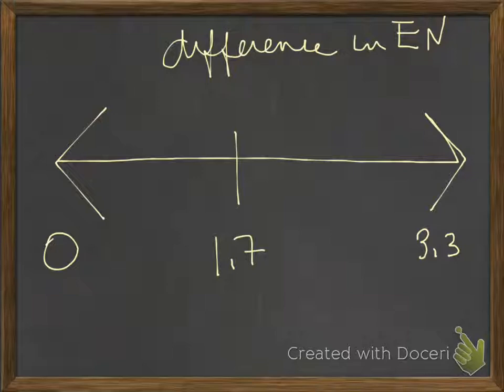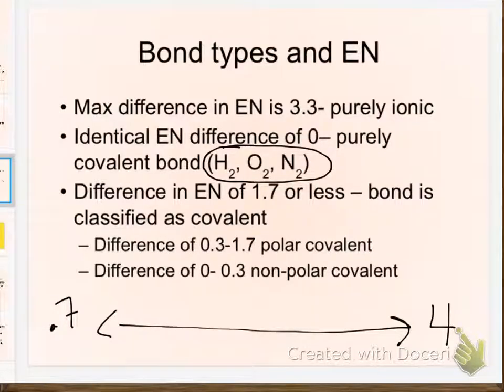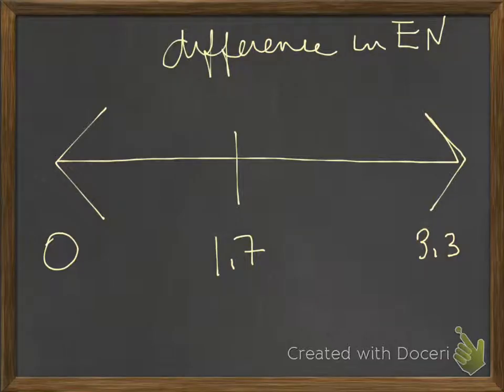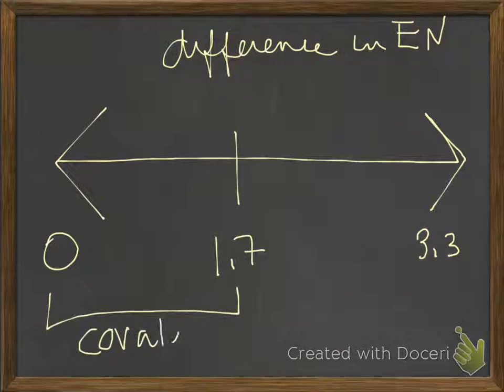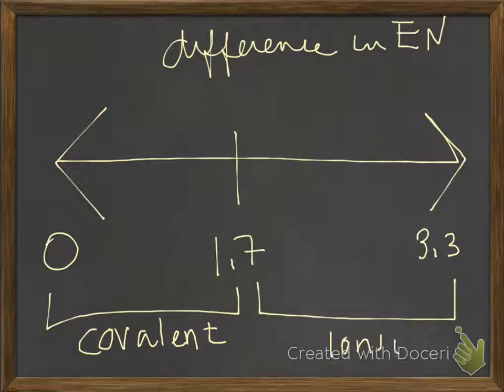So if you're anywhere from here to here, this is a covalent bond. From here up is an ionic bond.